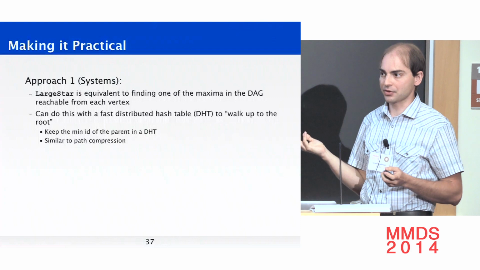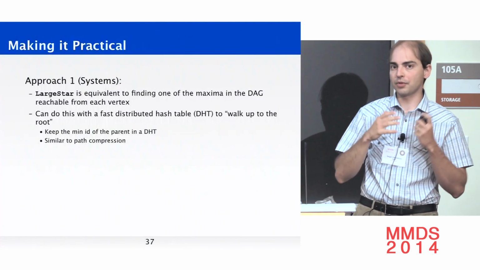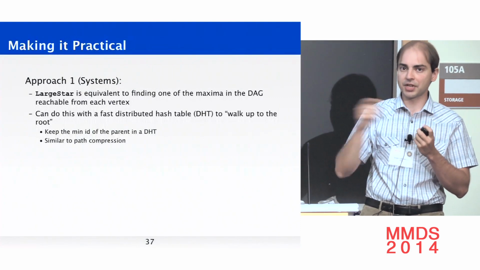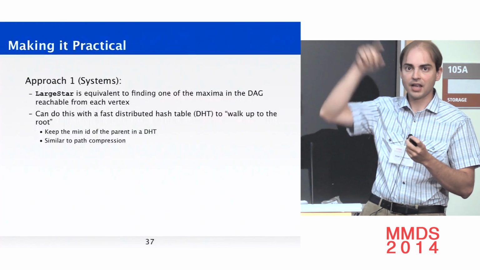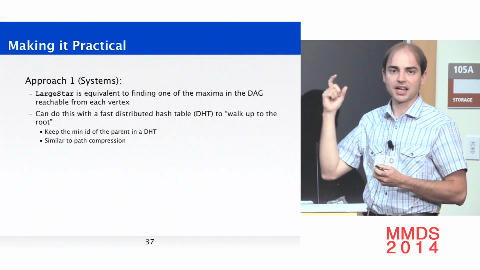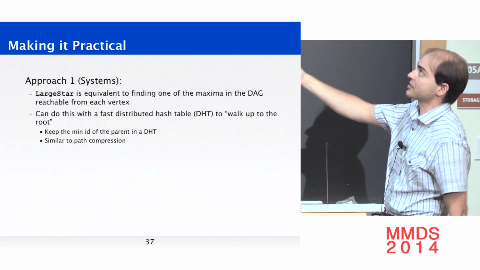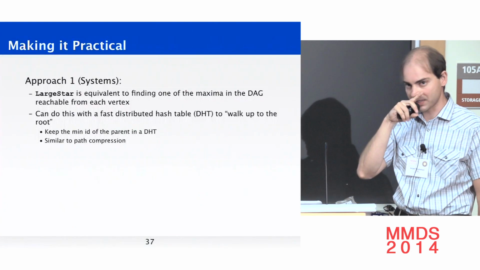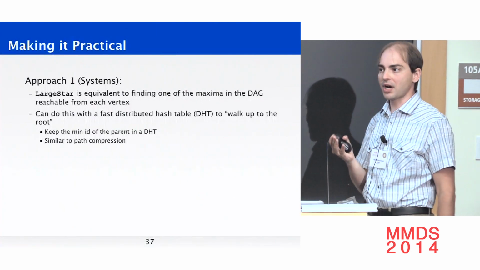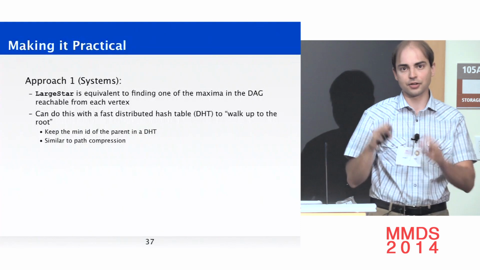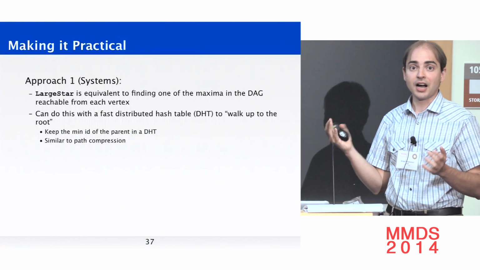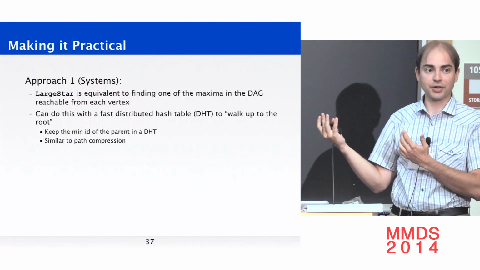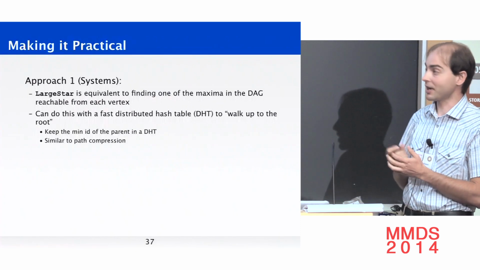This requires very little communication because I'm just following this path, and then I compress and have this DAG presented to me. Now this assumes that you have a DHT implementation on hand that's nearby, that lives in the same data center, that all is connected and nice. I have one on hand. You may or may not have one on hand, but it's a useful thing to have.